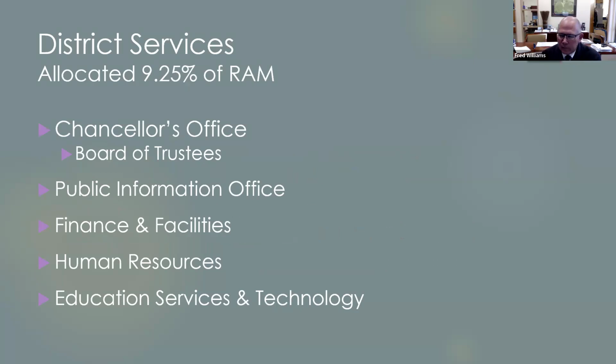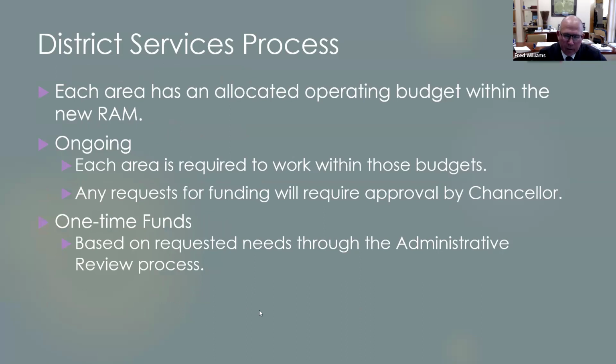And we have 5 budget centers within district services: the Chancellor's Office, including the Board of Trustees, Public Information Office, Finance and Facilities, Human Resources, and Educational Services and Technology. We go through, similar to the campuses, the first priority area is making sure that we have salaries and benefits covered.